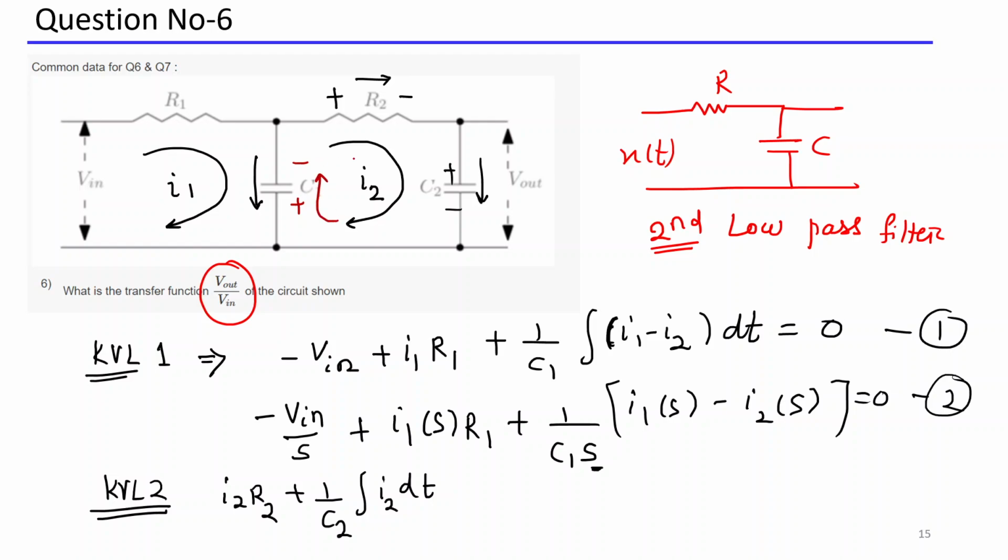So this will be plus again 1 by C1, but here the net current is I2 minus I1 into dt equal to 0. Equation number 3. Now you find out the Laplace transformation of this equation.